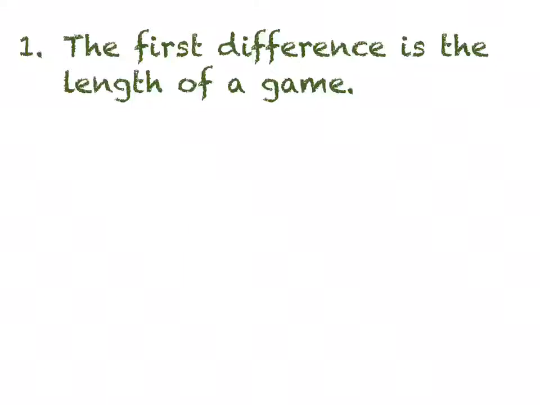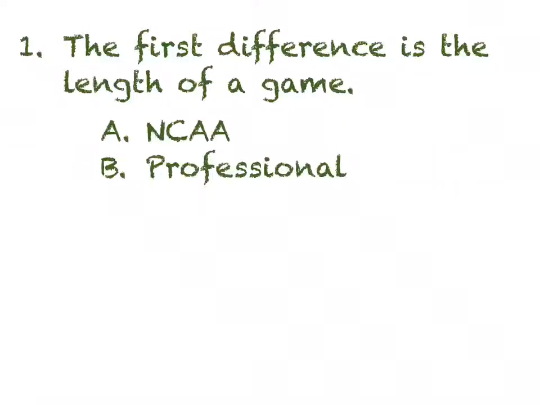And by the way, I'm totally making this up because I have no idea. So the first difference is the length of the game. And then the first subpoint is the NCAA, and then you explain that. And then the second subpoint is the professional team, and then you explain that. Be really careful. What happens is a lot of students go back and forth, and then it just gets really confusing. So you talk about one, and then you talk about the other.